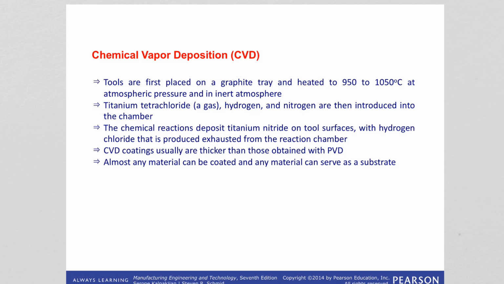So the chemical reactions will take place between the chemicals we introduced into the chamber. The chemical reactions deposit titanium nitride on the tool surface, with the hydrogen chloride that is produced exhausted from the reaction chamber.